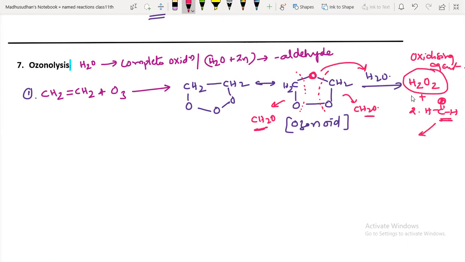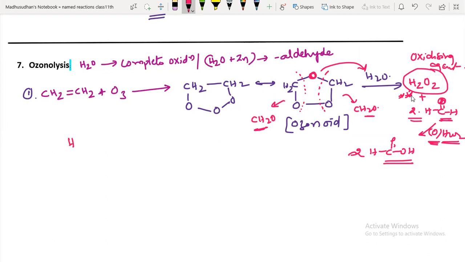This aldehyde further oxidizes with the peroxide H2O2. Okay, that aldehyde also converts to acid. So earlier you had 2 moles of formaldehyde, now 2 moles of formic acid. If you want to stop this oxidation step, you have to eliminate peroxide from the reaction.